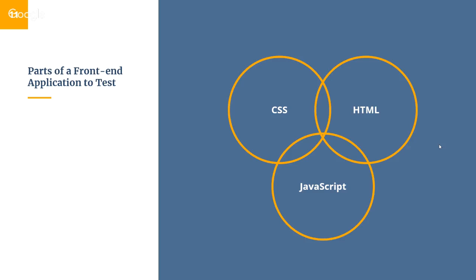All of these things can really cause havoc and cause us to have major headaches and pains. And these actually are just a few of the reasons why we need to test our front-end code.